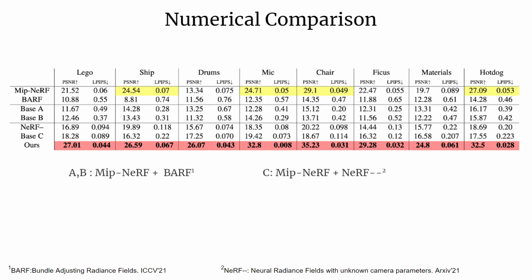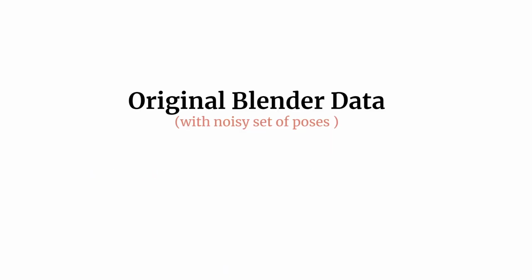We further define three new baselines, which combine the multi-scale representation with these pose optimization schemes in BARF and NeRF--, and we observe that none of these baselines can reconstruct the correct 3D scene in the multi-scale Blender dataset with perturbed poses, whereas our approach is able to correctly model it, thereby showing its effectiveness when both the issues are present simultaneously, that is multi-resolution or multi-scale images along with a noisy set of poses. We further show some results on the original Blender dataset.